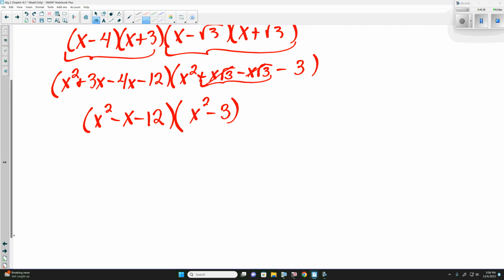Last thing we need to do is distribute. x squared times x squared is x to the 4th. x squared times negative 3 is negative 3x squared. Negative x times x squared is negative x cubed. Negative x times negative 3 is plus 3x. Negative 12 times x squared is negative 12x squared.